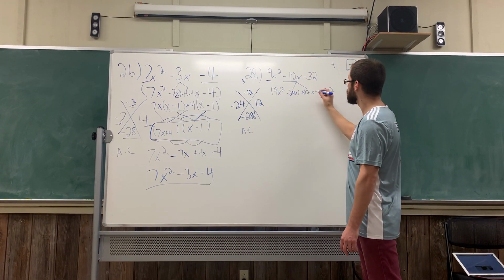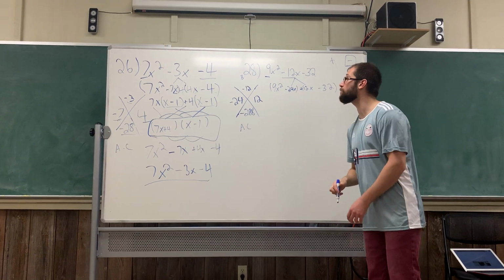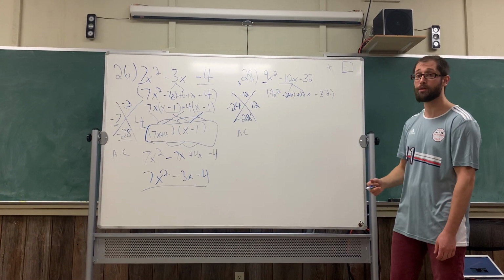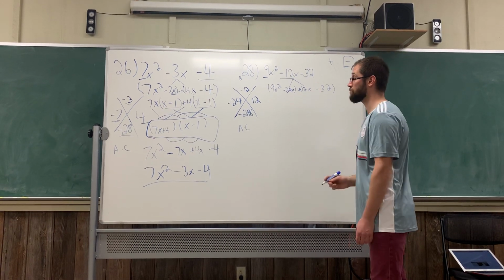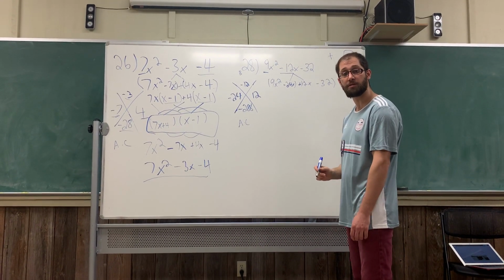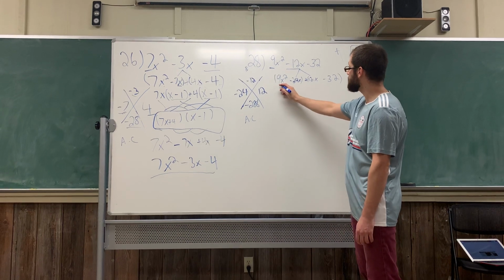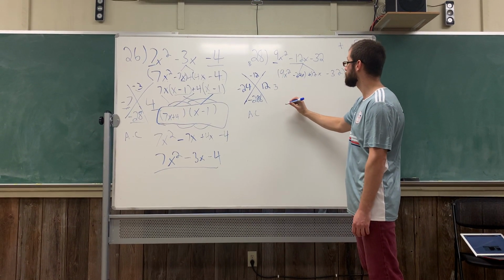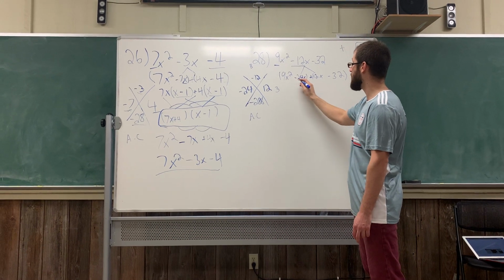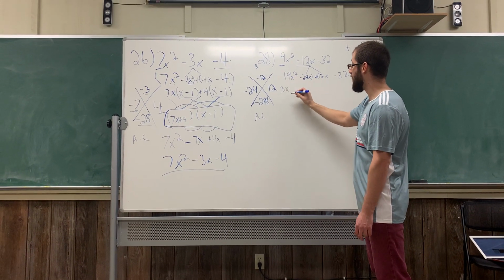Now, we're going to factor by grouping. I'm going to take my first two terms and my last two terms and pull out the greatest common factors. 9 and 24 share the number 3. X squared and x share x.